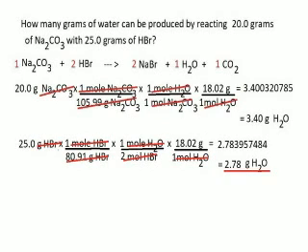Because having produced 2.78 grams of water, we'll have run out of HBr. And what happens to a reaction when you run out of one of the reactants? And the answer, of course, is it stops. So having made 2.78 grams of water, there's no HBr left. There's nothing for the sodium carbonate to react with, and therefore the reaction will halt.